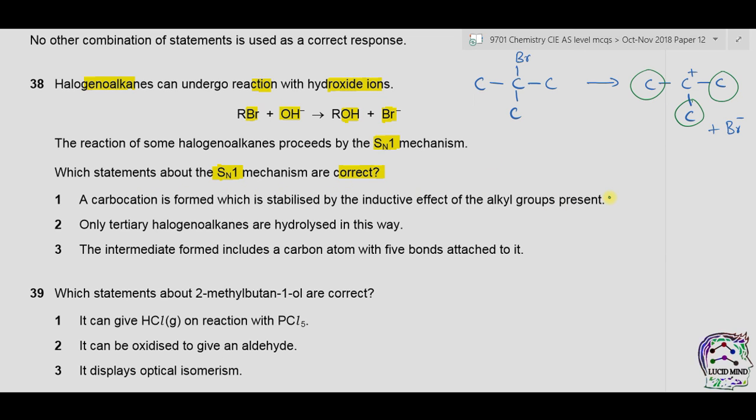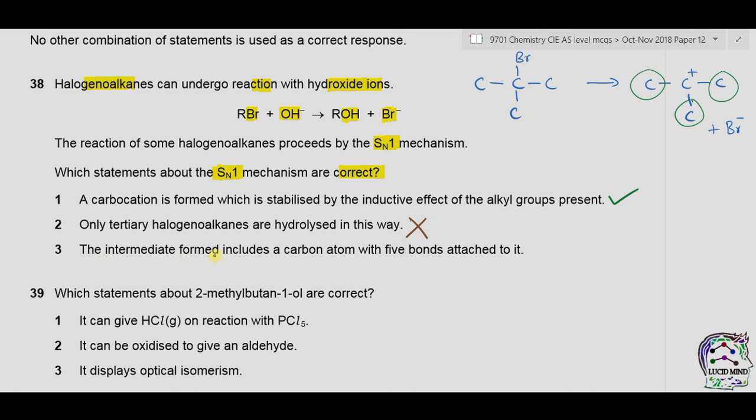So statement 1 is correct. Part 2, only tertiary halogenoalkanes are hydrolyzed in this way. Now tertiary halogenoalkanes always take SN1 mechanism, while secondary halogenoalkanes can go through SN1 as well as SN2.